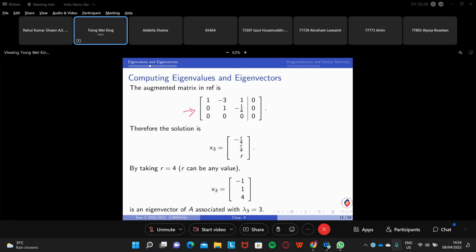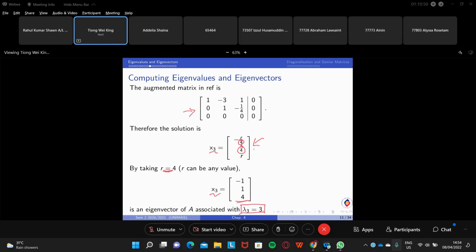Similarly, you get this solution, so this is the eigenvector. Again, there's a denominator 4 here, so we choose R equals to 4 to get rid of the denominator. Then you have this. So this is the eigenvector for lambda equals to 3.